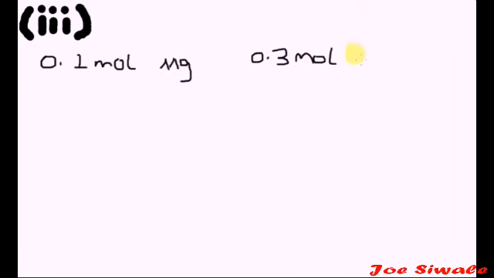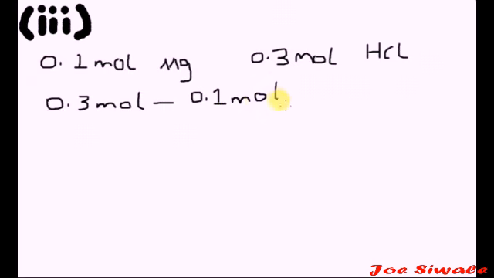So the first thing, I'm going to say 0.3 mole minus 0.1 mole. In this case, I'm trying to find the excess number of moles. So 0.3 mole minus 0.1 mole, I'm having 0.2 mole.